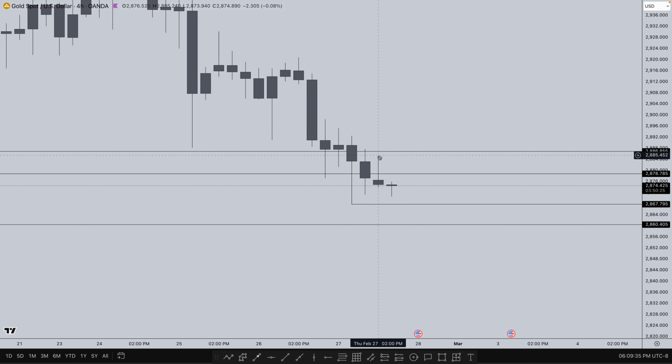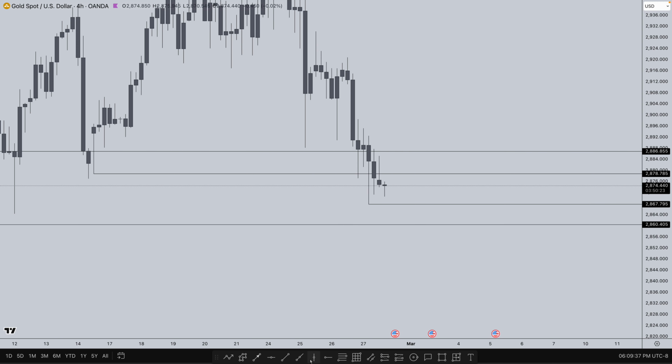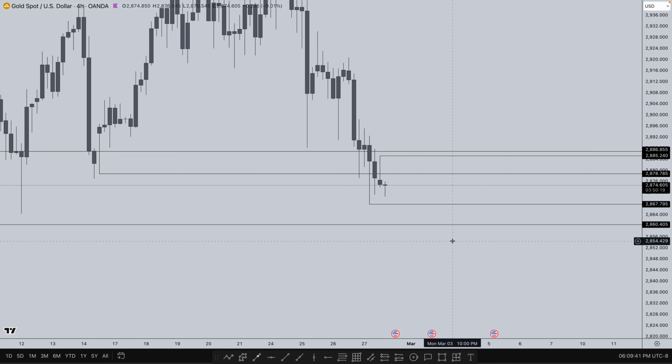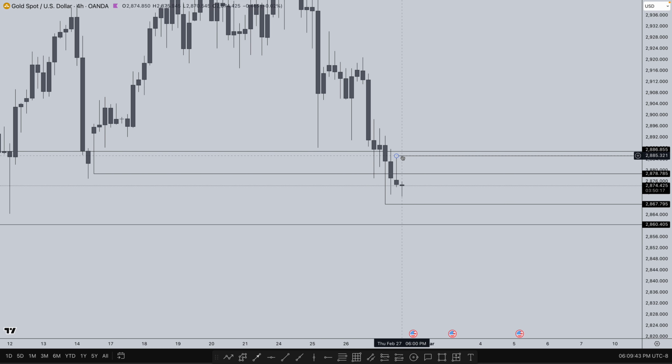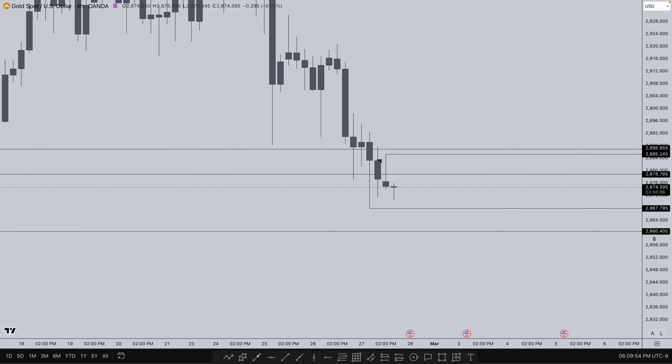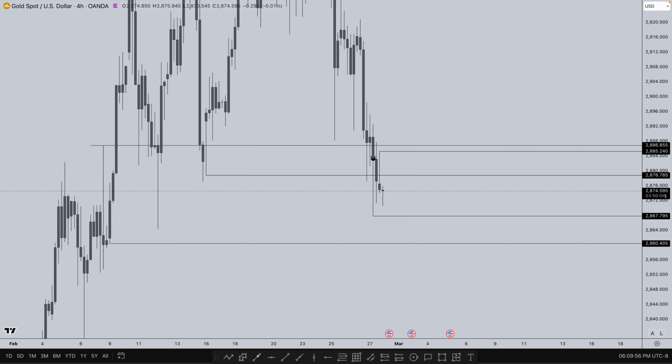We gotta break step one first. That first change of character. So you want to see that right there. You want to see that break and close once per bar close on the 4-hour time frame. That's a solid notification. If I don't get that, I'm not even going to waste my time.